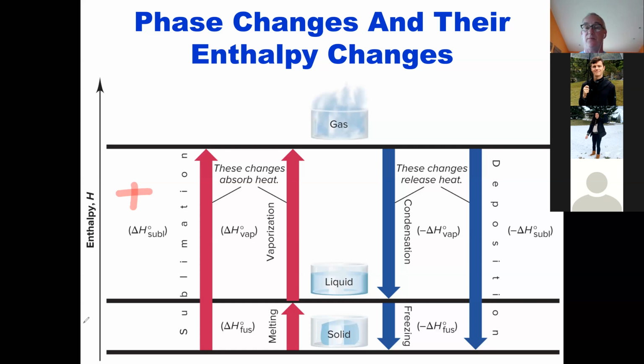On the other side, when we're decreasing the kinetic energy of our molecules, gas to liquid, liquid to solid, those all release heat. And it seems weird. Whenever we think of an exothermic process, we usually think of something you put your hand on, it's going to get hot.